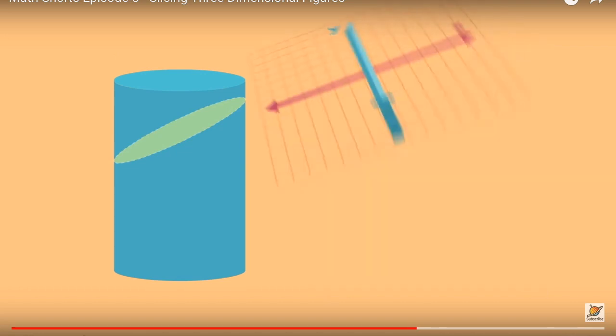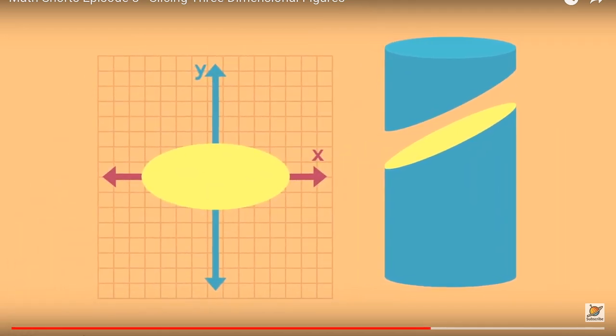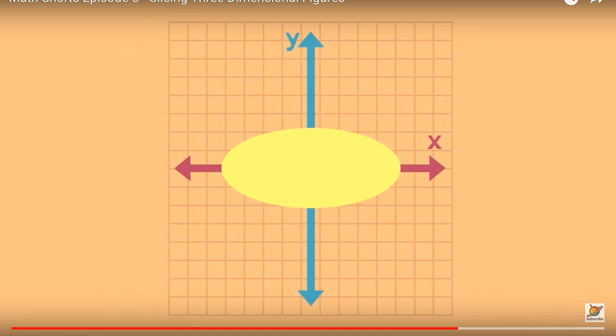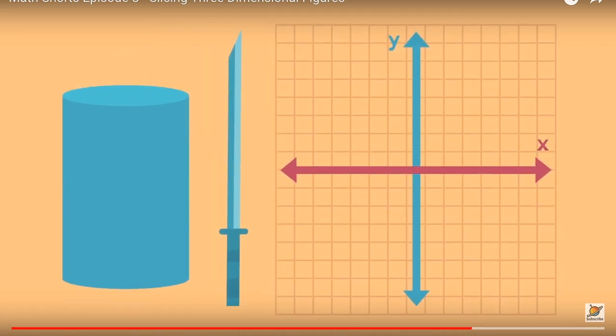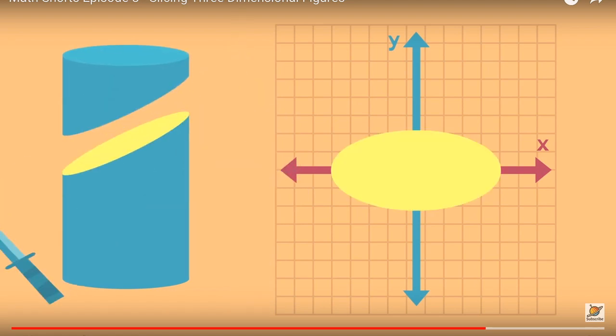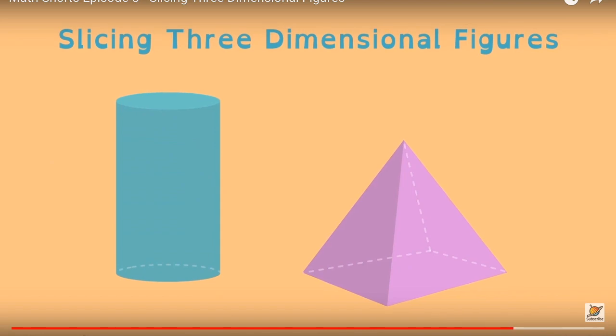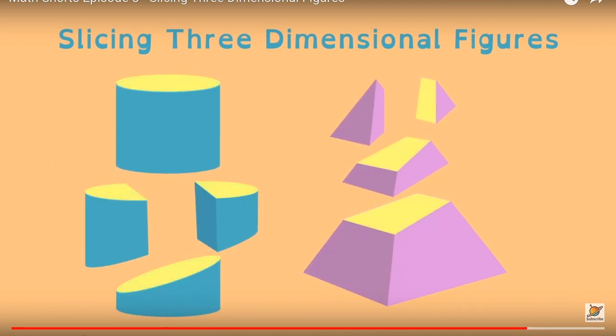Just keep in mind that shapes can look different when you look at them from different angles. So orient the cross section on the geometric plane. Slicing diagonally can produce different shapes, such as an ellipse or a trapezoid. Understanding the two-dimensional shapes that result from slicing solid, three-dimensional figures is important for geometry and ninjas.